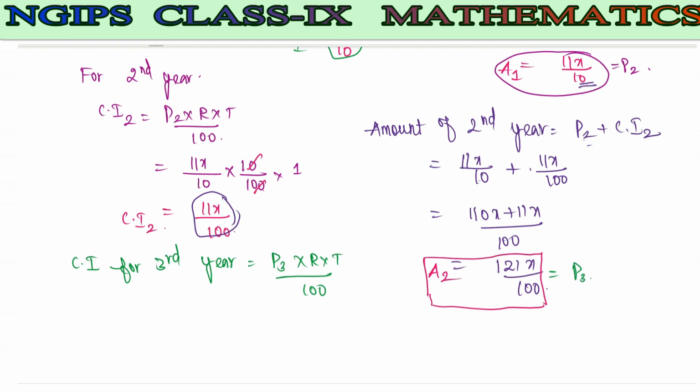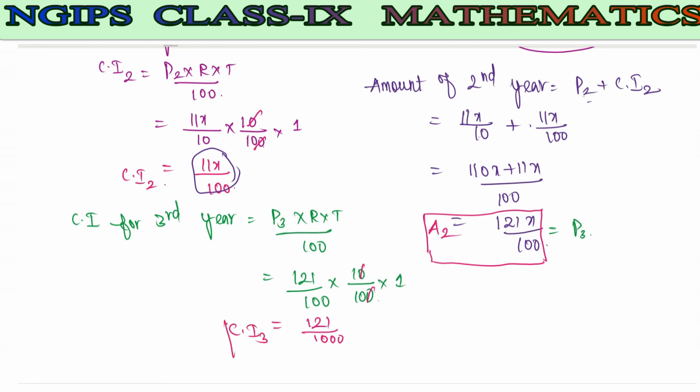So 121 divided by 100 into rate, 10 divided by 100 into 1. If you cancel the terms, the 10 and 10 get cancelled, giving 121 divided by 1000. So this is the compound interest for the third year.